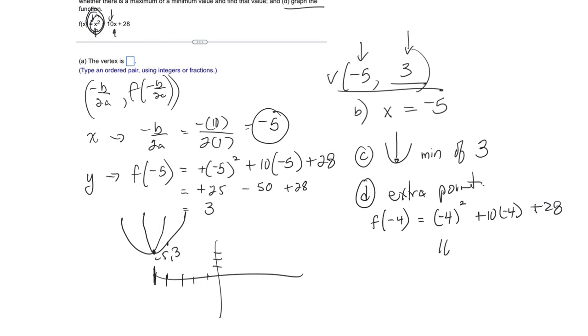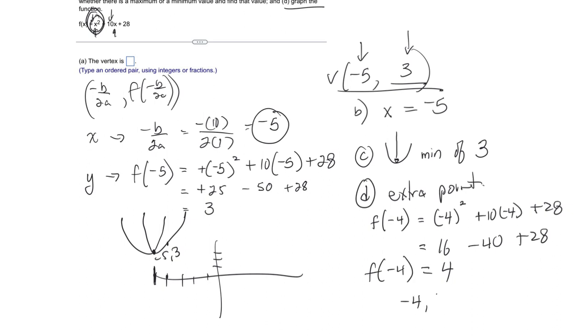So this would be 16 minus 40 plus 28. So what's that? 46? No, 44. Yeah, 44 minus 40 is 4. So at an x value of negative 4, the y value is 4.